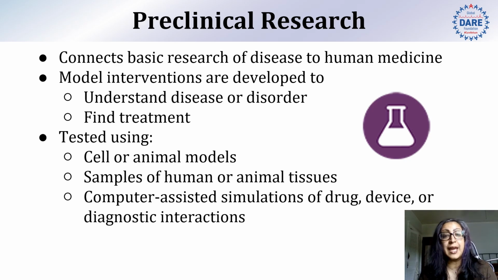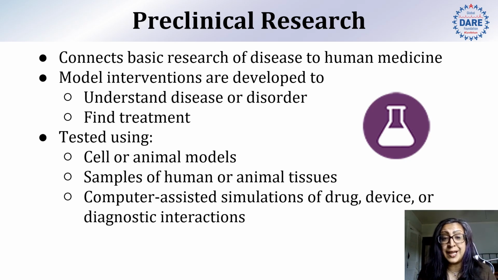Once a potential treatment is discovered in these early stages, before that treatment can be tested in people, it first needs to go through the stage of preclinical research. This is the stage that helps bridge what we learned in basic science with real-world medical applications.